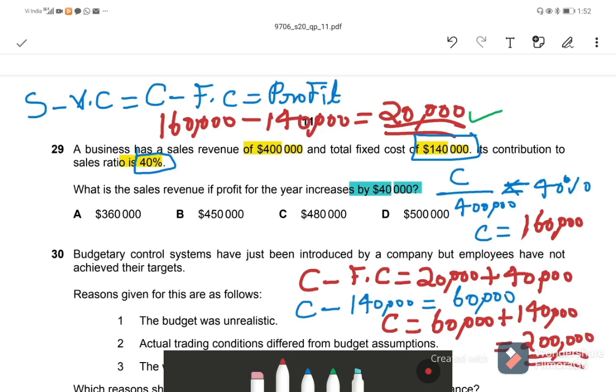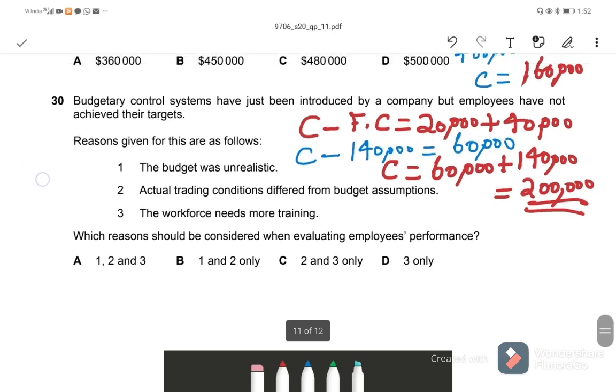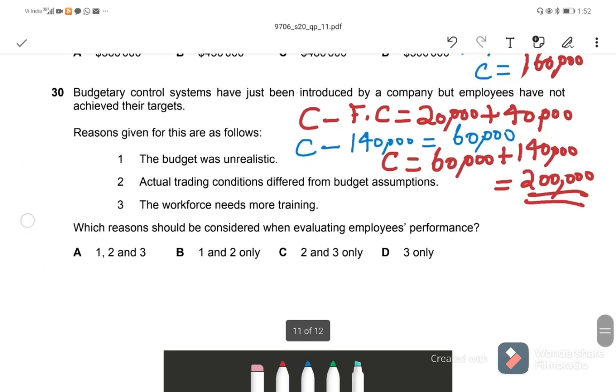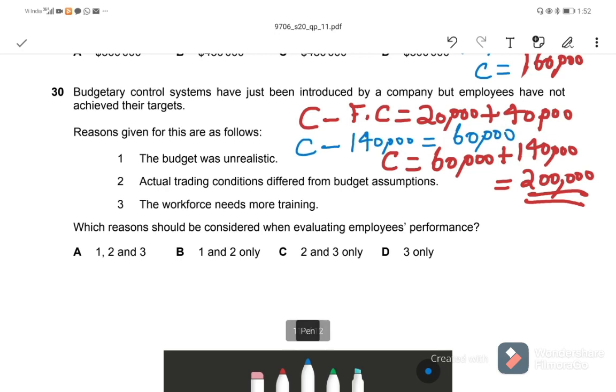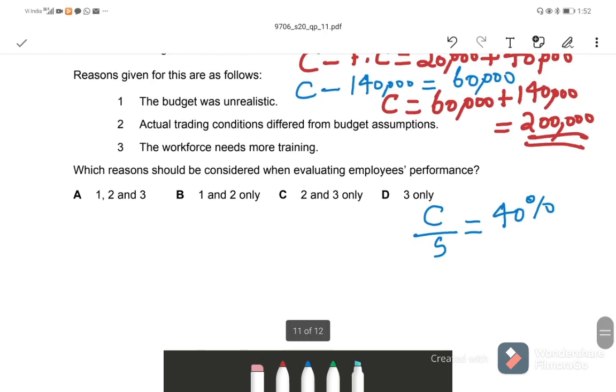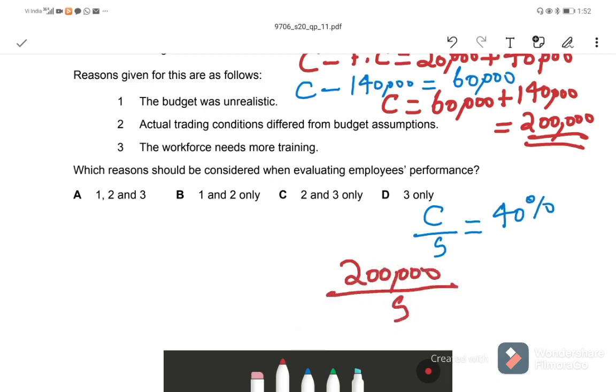Now we can calculate the sales revenue. Contribution divided by sales is equal to 40%. Here the contribution we calculated is 200,000, divided by sales revenue equals 40%.